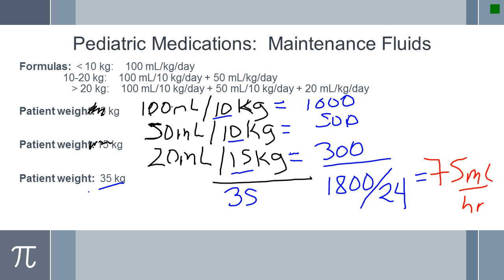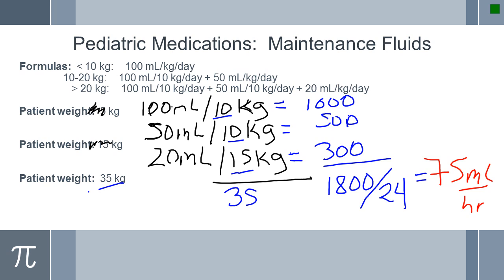Now we want this in hours, so we're going to have to divide this by 24. And 500 divided by 24 gives you 20.83, or 20.8, or 20 milliliters per hour.